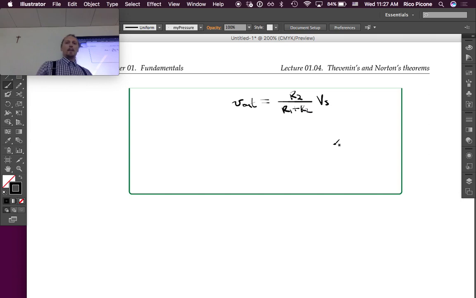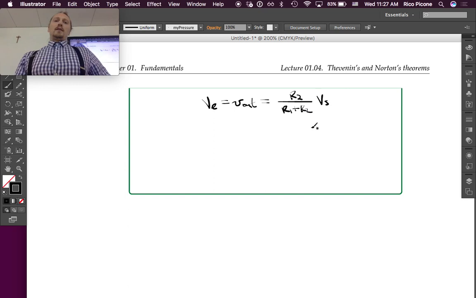Pretty easy. And what we're recognizing here is that VE is just equivalent to V out. And so we're done. We've got our Thevenin equivalent source. We defined RE. We defined VE. We're good.